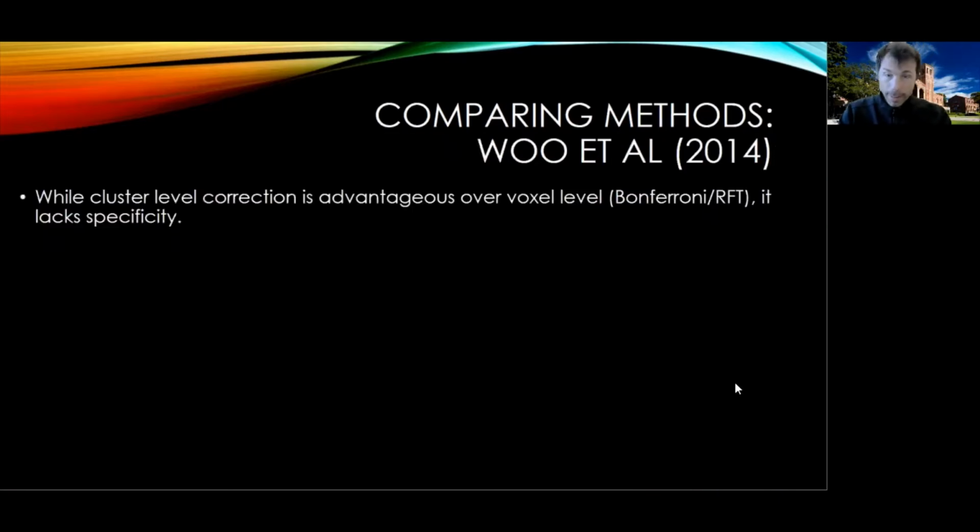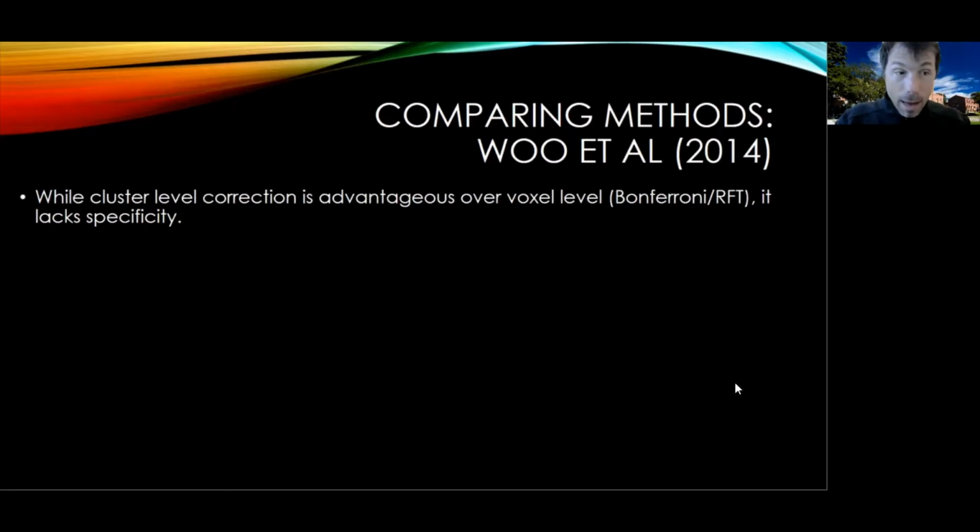Now, Woo and colleagues published what I think is a very influential paper, the gist of which is do not do cluster correction, but more on that in a moment. They thought, obviously, cluster correction is advantageous over voxel-level correction, whether you do it with Bonferroni or with random field theory, because it is less conservative.